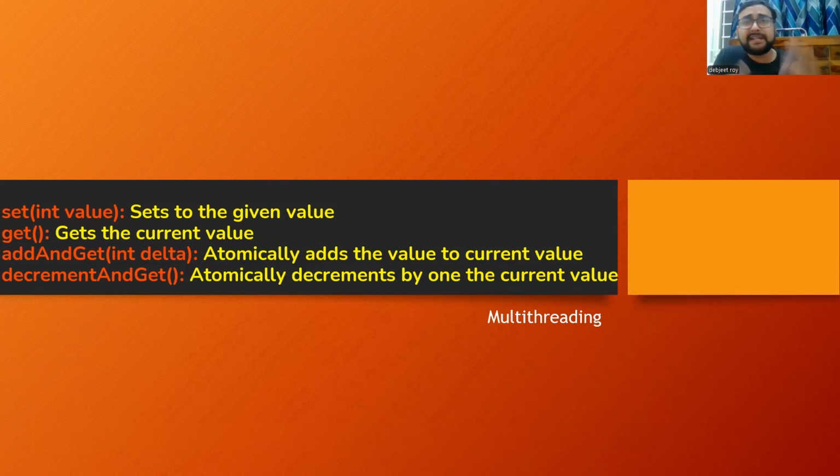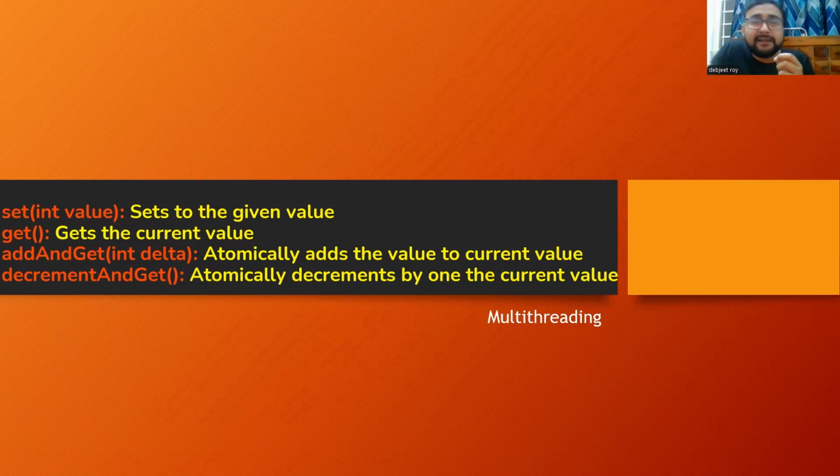Add and get. What it will do, atomicity means atomically, it is the smallest part. It will acquire the resource. If one thread has acquired a resource, no other thread can come and interrupt in between, so that there will be proper consistency of data in the output. It will add the value to the current value. During that updation, if you are making use of a normal integer, what may happen?